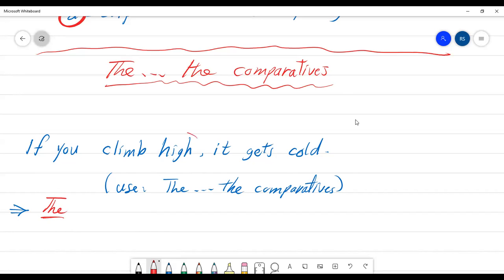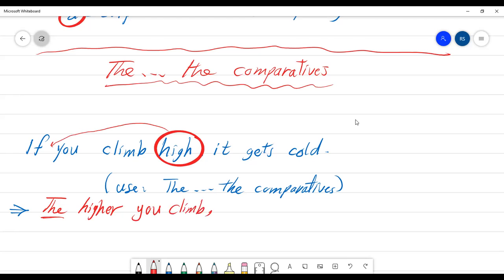High is an adjective, so we use high in comparative form: the higher you climb, comma, the colder, here cold is the adjective, so we use it in comparative form, the colder it gets.